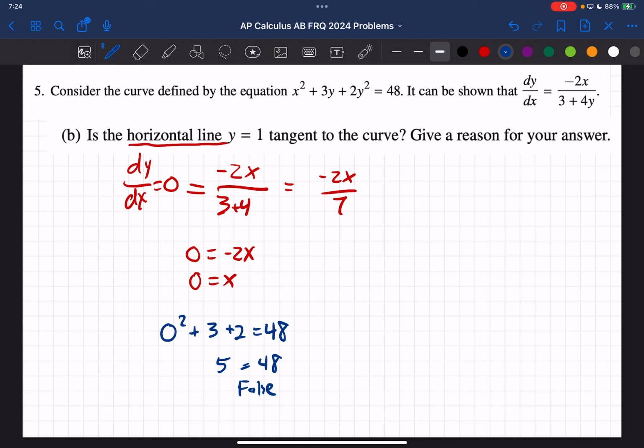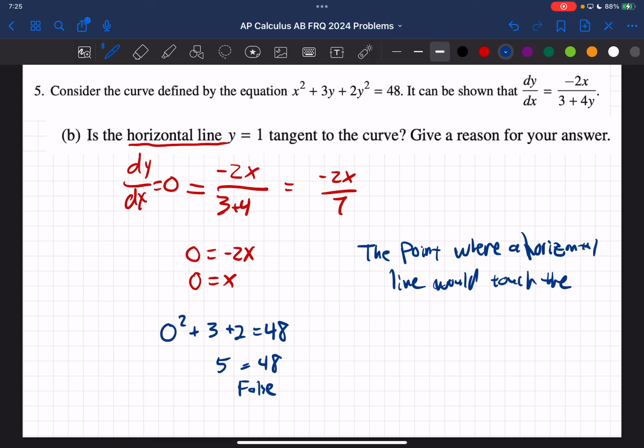Okay. So that means the point where a horizontal line would touch the curve does not fall on the curve.